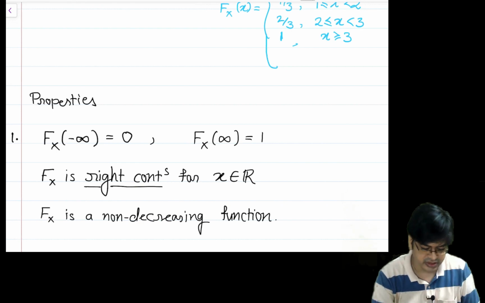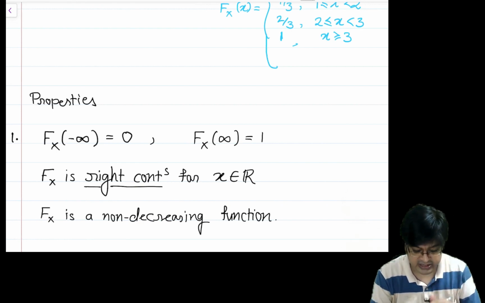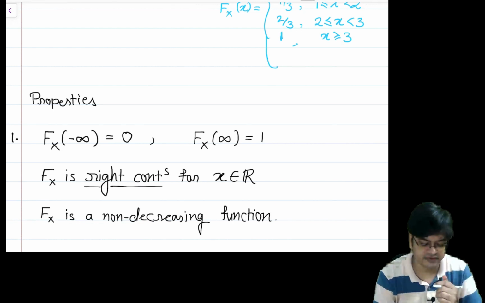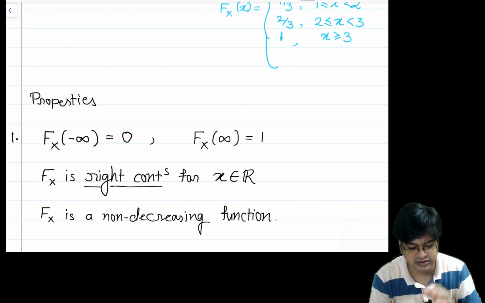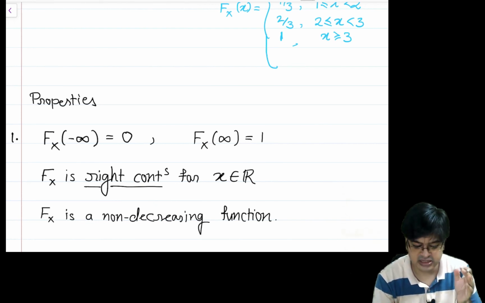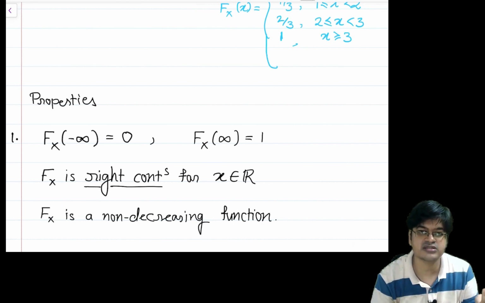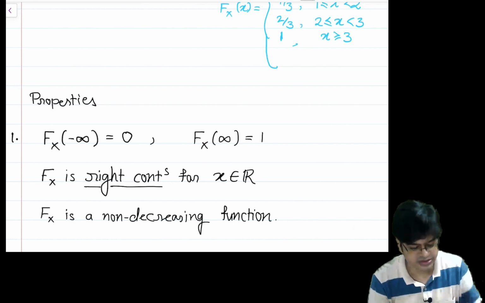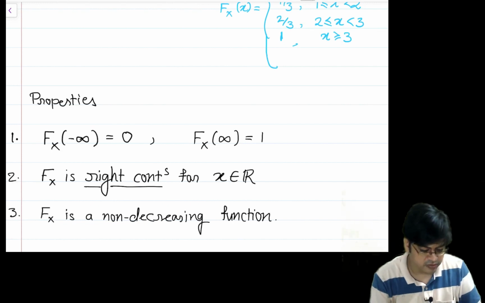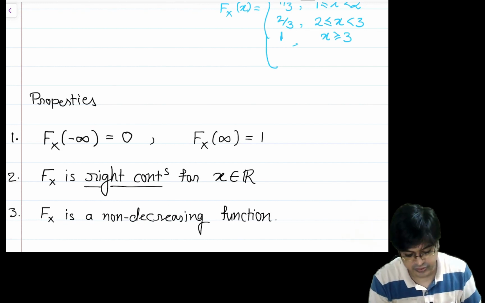There is nothing new in this. F_X is right continuous because I am considering discrete random variables also; in general, when X is a continuous random variable, this will be a continuous function. F_X is a non-decreasing function because by definition it's a cumulative distribution function. So these are the important properties of the cumulative distribution function.